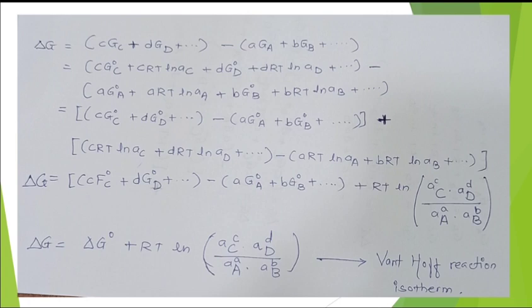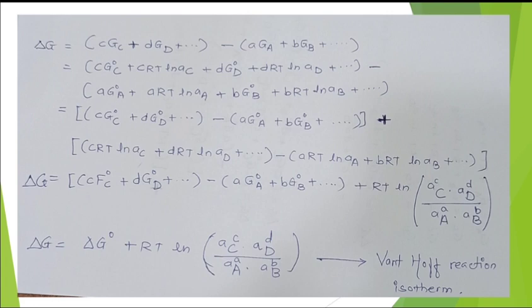Now the remaining terms can be written in another bracket. So just write here a plus symbol and take the second bracket. In the same way you can write the values for product and reactant. Initially you write the values of the product and then subtract the reactant value.